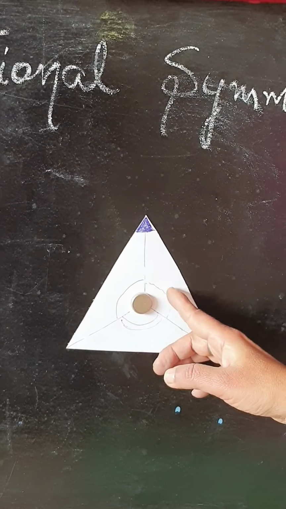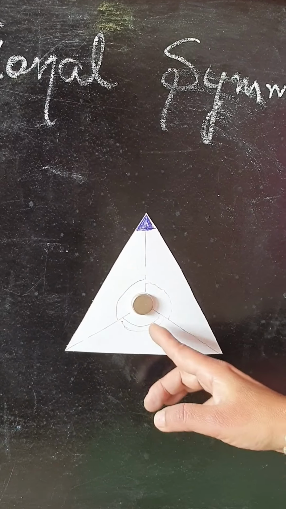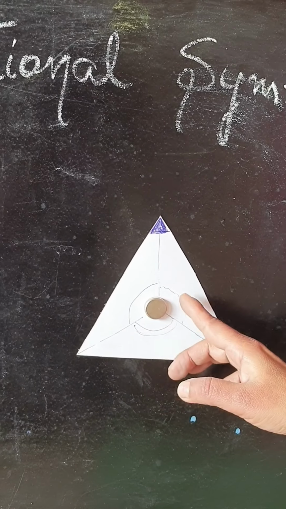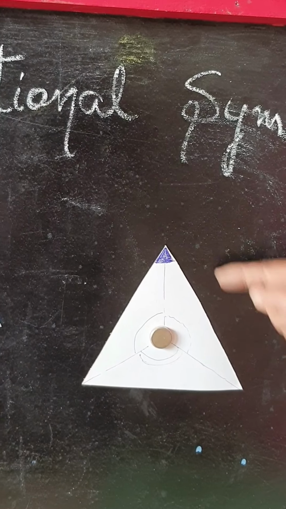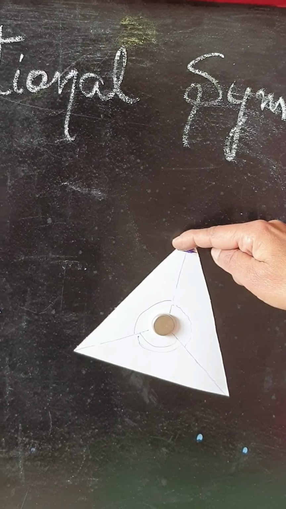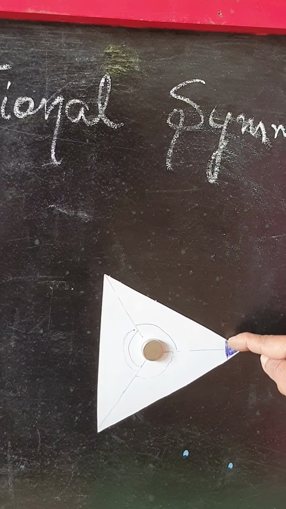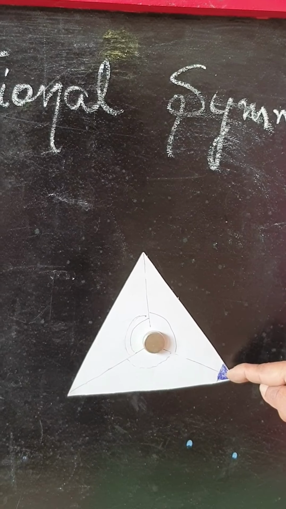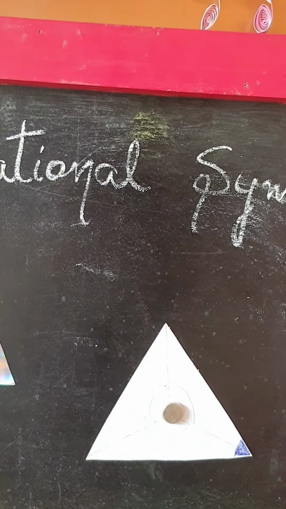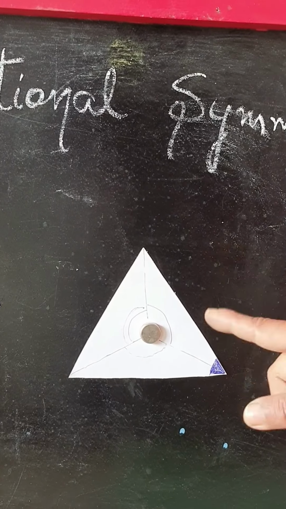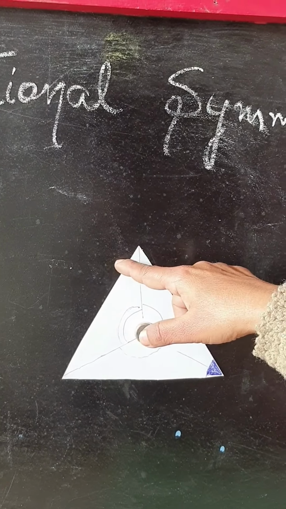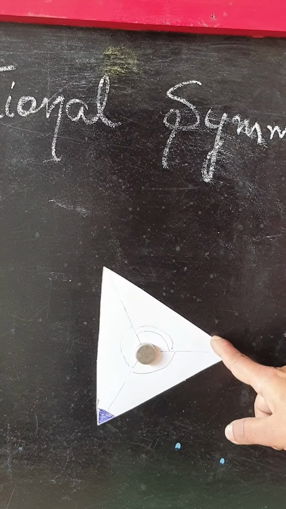Each is 120 degrees because the total of 360 divided by 3 gives me 120. So this is my original shape. If I bring this vertex here, it means I am moving this equilateral triangle by an angle of 120 degrees. And yes, you can see it's taking back its shape, right? So one time in the whole rotation it has taken back its shape. Again I move it by an angle of 120.